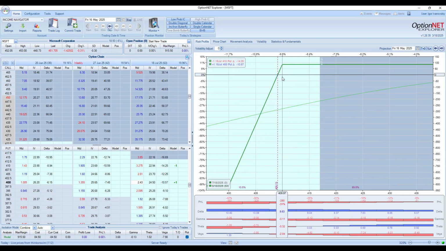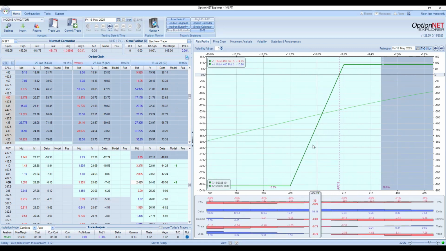Best case, Microsoft ends above 410, we get to keep the $85. Now, if we are below 409.15 at expiration, that's where we start to lose money, and our losses are capped at 400. Anything below 400, we cannot lose any more than what our margin requirement for this trade is.